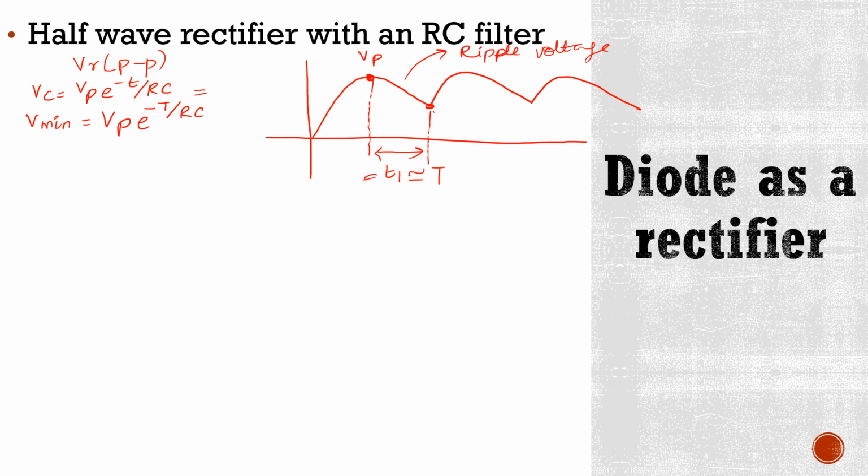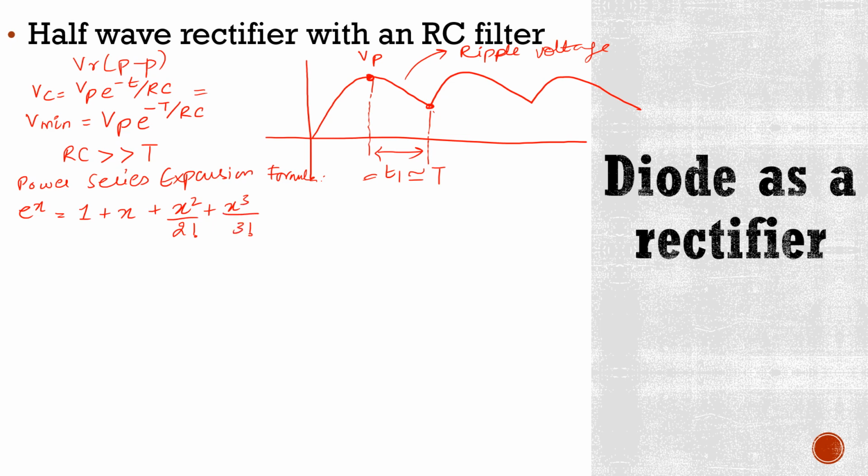Now we assume that this RC constant of capacitor is much larger than time period T. Now here we will use power series expansion formula, which is e raised to the power x is equal to 1 plus x plus x square divided by 2 factorial plus x cube divided by 3 factorial and so on. For smaller values, this formula is reduced to e^x is equal to 1 plus x.